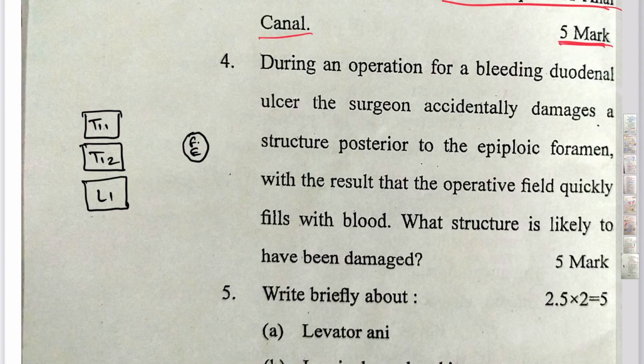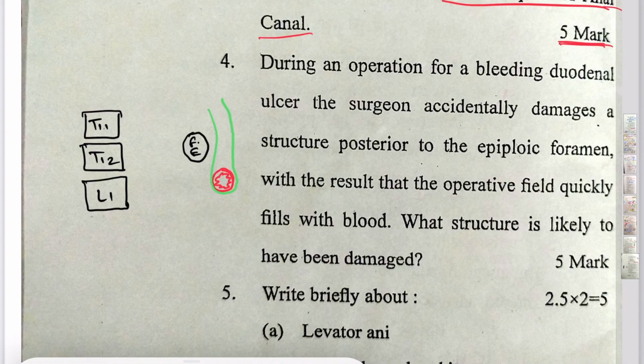So let's see here, this is the first part of the duodenum, and this will be covered by the lesser omentum like this. It actually is the hepatoduodenal ligament which forms the lower free margin of the lesser omentum.